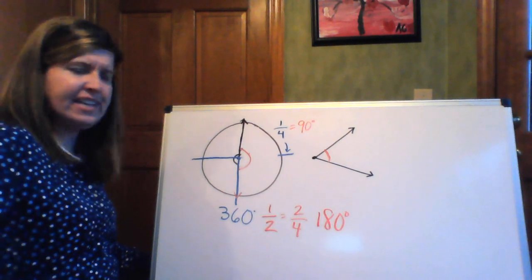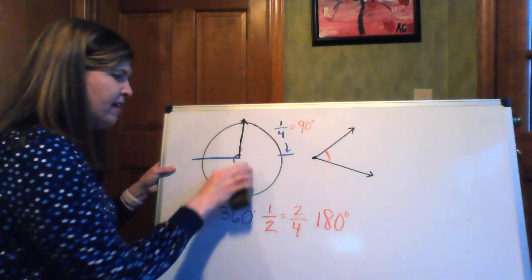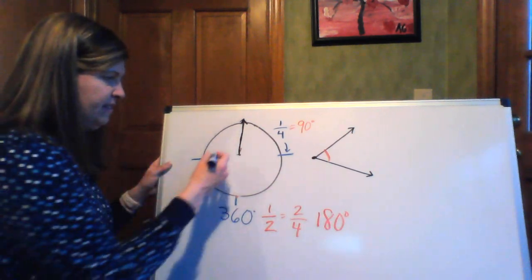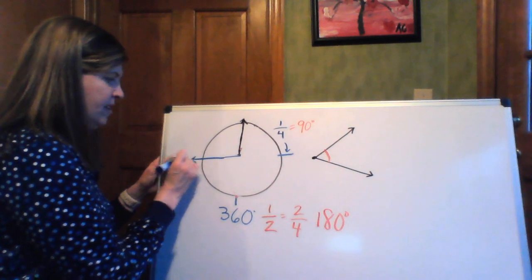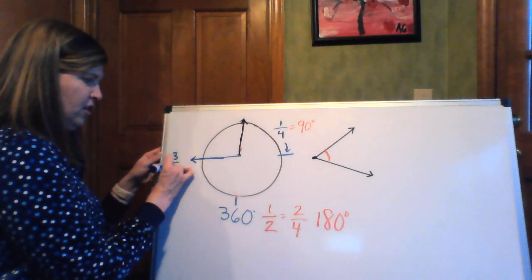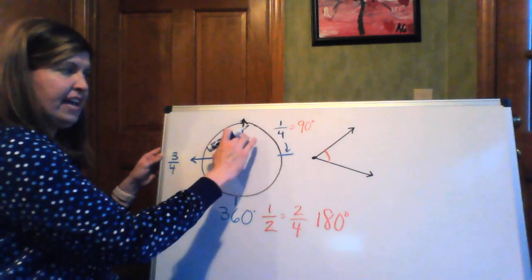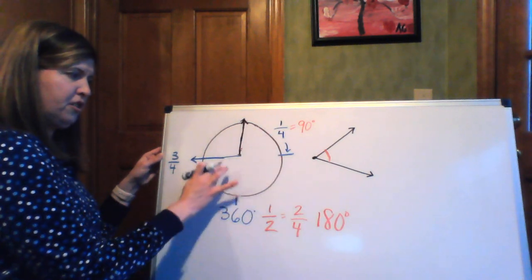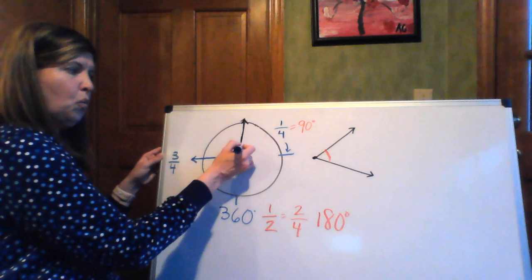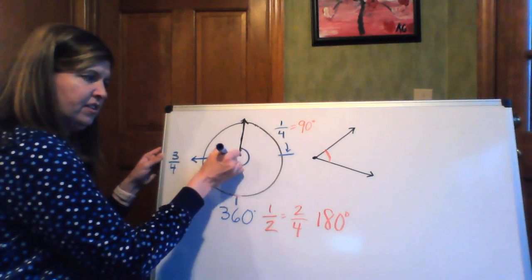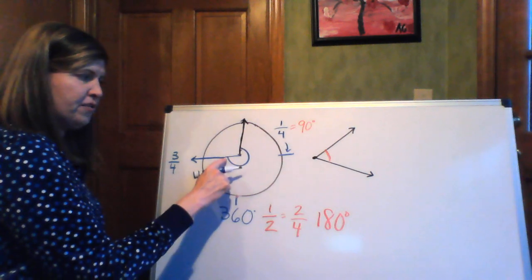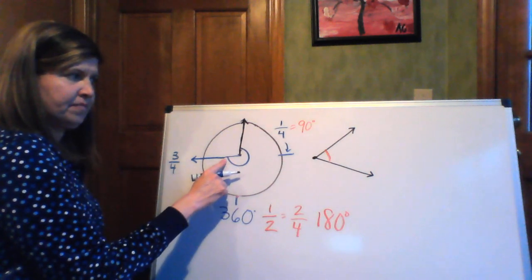But what if I am going to do 3 quarters of a turn? Out of the 4 pieces, I turned 1, 2, 3 times. What is my angle from this ray all the way over to this ray?